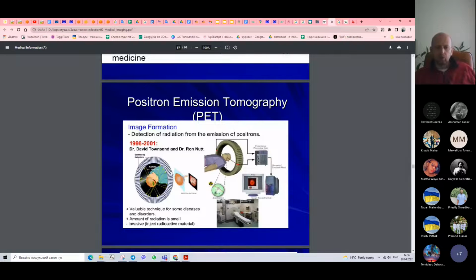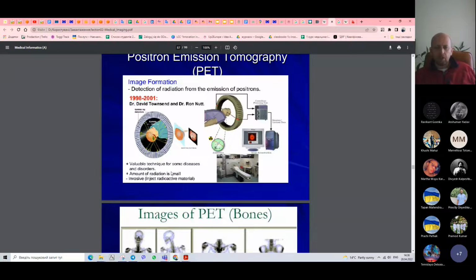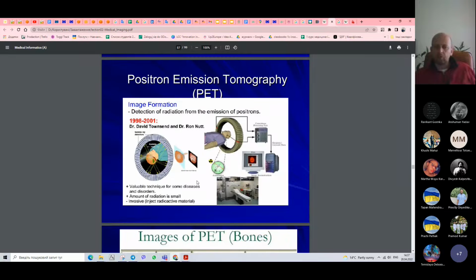Two doctors, which you can find there, developed valuable techniques for some diseases and disorders. The amount of radiation is smaller, and it is less invasive than injecting radioactive material inside the tissue, as used in positron emission tomography.